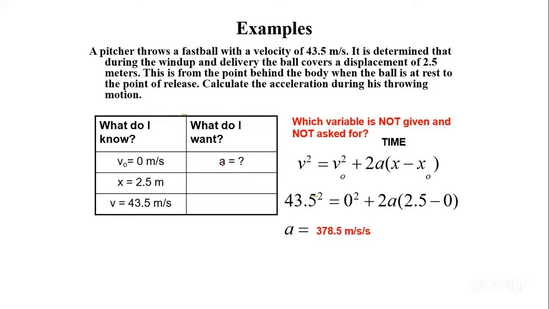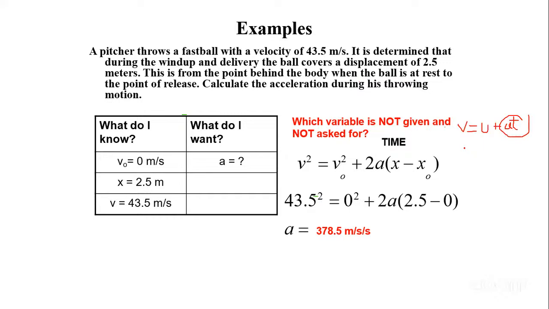We are asked to find acceleration. So we choose the equation carefully, because if you want to use v is equal to u plus at, t is not given, so you cannot use this.